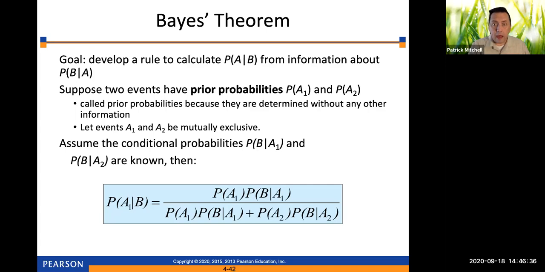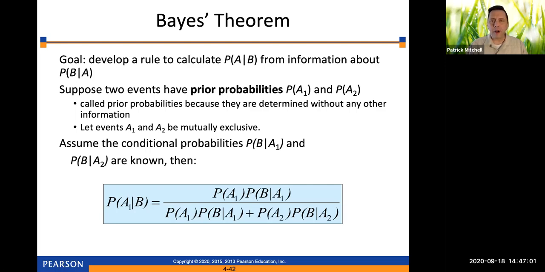Okay, so now I believe we are at Bayes' theorem, correct? Yes. So the goal is to develop a rule to calculate probability A given B from information about probability B given A. Suppose two events have prior probabilities, probability of A1 and probability of A2.